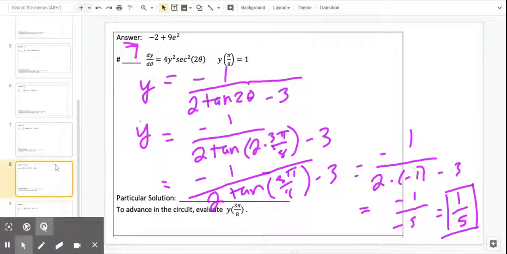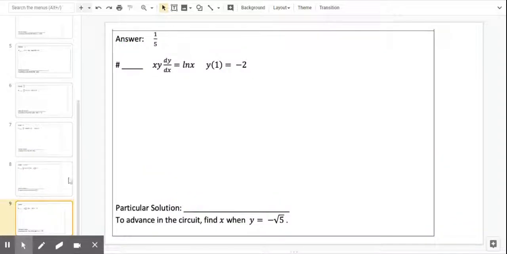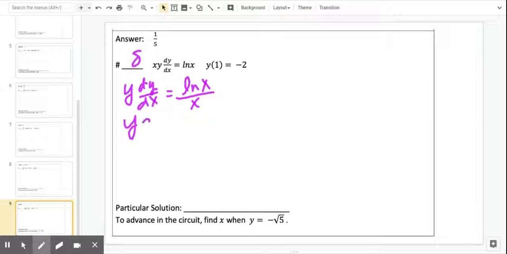And that brings us to our last question. So this is number 8. So what I'm going to do here is divide by x on both sides. And then I'm going to multiply by dx on both sides.